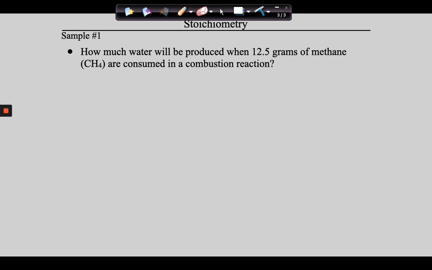So guys, the first thing that we need is a balanced equation. You now have 90 seconds to write the balanced equation for this reaction. Guys, notice it's a combustion reaction. Just like I told you on question 3 on the lab, don't guess at what a combustion reaction is. Guys, grab your notes if you need. Write the balanced equation. You should be able to do that in about the next 90 seconds.